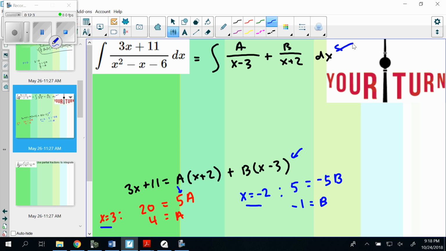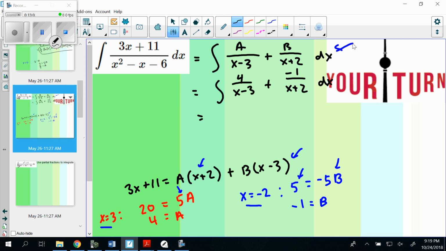The other number would be -2. So -2, if you plug that in, the left side becomes 5. The right side becomes -5b, and you find that b equals -1. So let's plug those two numbers in here now. And our integral would become 4 over x minus 3 plus -1 over x plus 2.